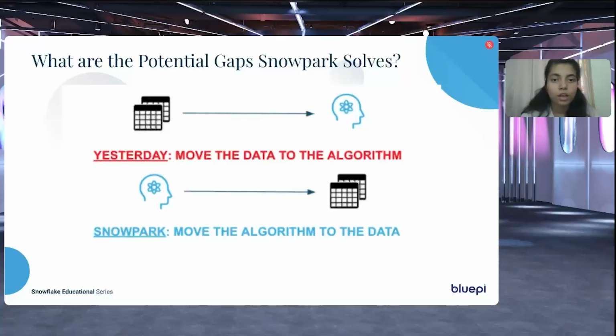Some of the key potential gaps that Snowpark solves are that it offers developers the functionality of using Java, Scala, and Python to build code, and it allows businesses to migrate data by interacting with a simple API. So, if you want to perform some data migration task, you can just move your code straightforwardly to Snowpark if it has been written in Java, Scala, or Python.